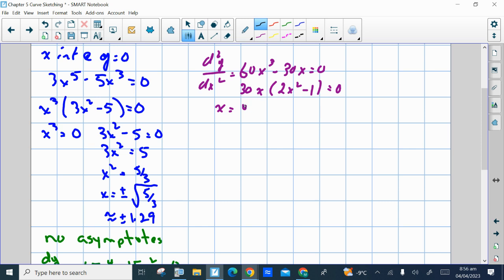Again, there's our critical number of 0, which we already know there'll be a point of inflection there, so the concavity will change. But also where 2x squared minus 1 equals 0, which is where 2x squared equals 1, x squared equals 1/2, and x will equal plus and minus root of 1/2.